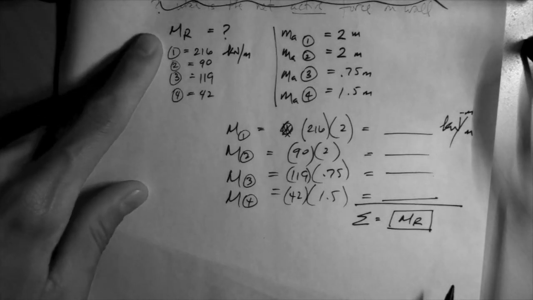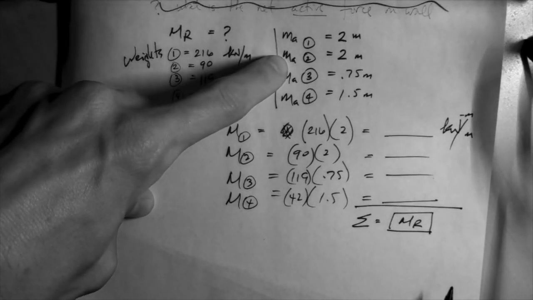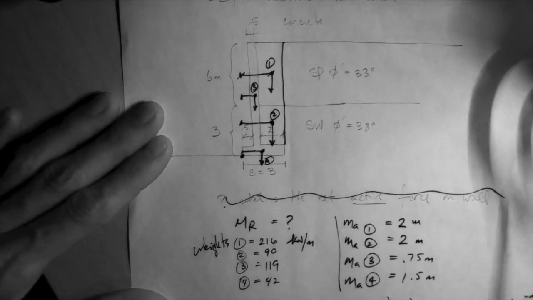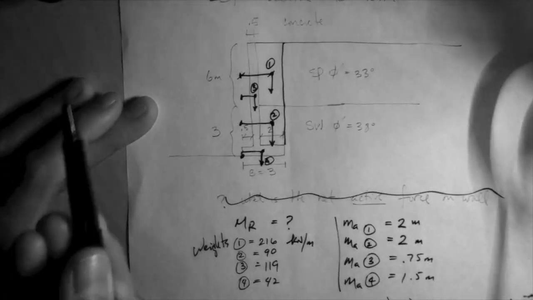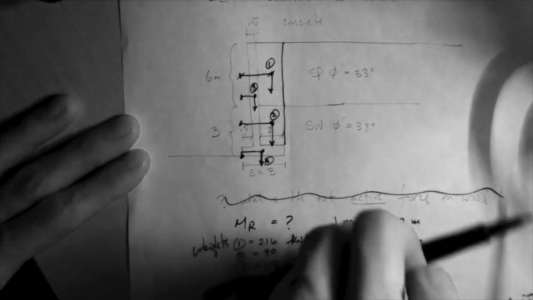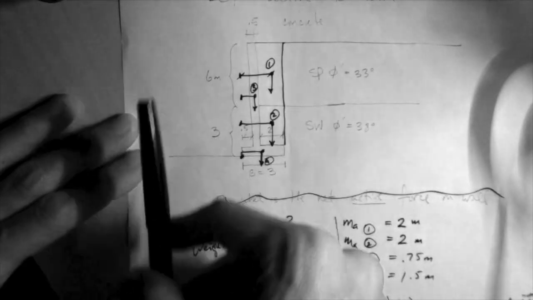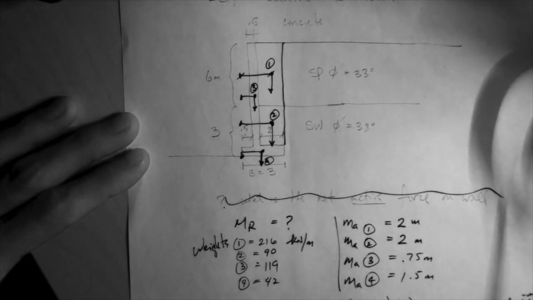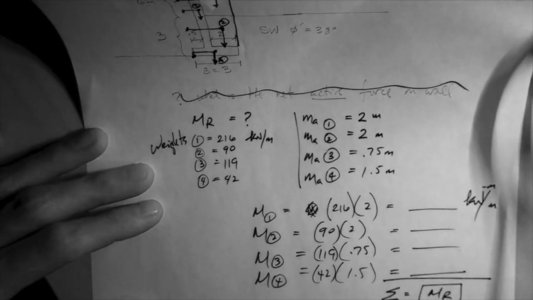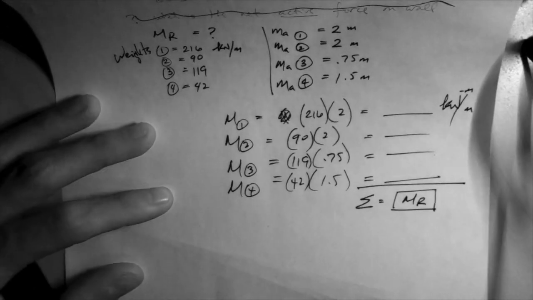Okay, so you have the weights, the moment arms, and notice that all the weights produce moments that are clockwise, whereas the active forces produce moments that are counterclockwise, right? So they oppose each other, and that opposition is what leads to the factor of safety.